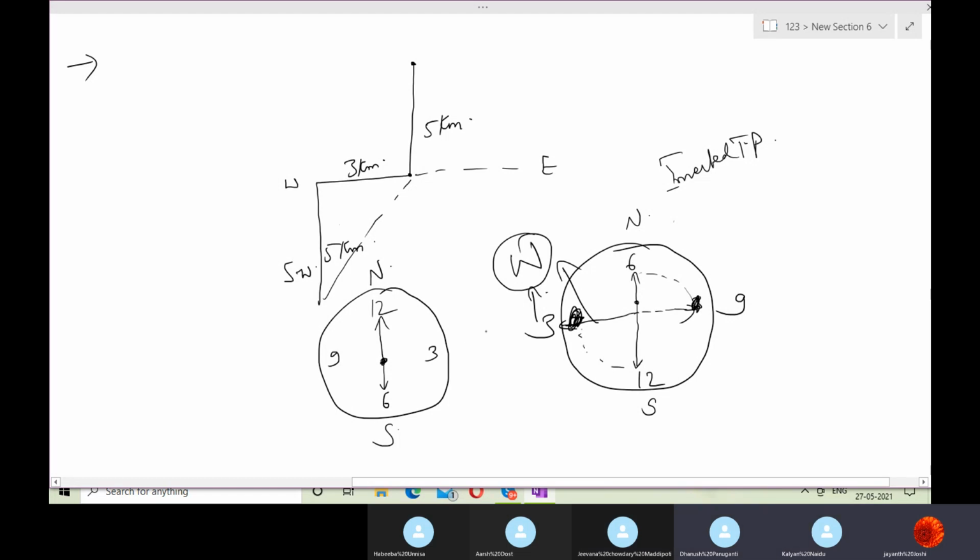That means actually 3 should be there and 9 should be here. But since it's an inverted clock, what has happened? 6 and 12 are in the north and it is an inverted clock.